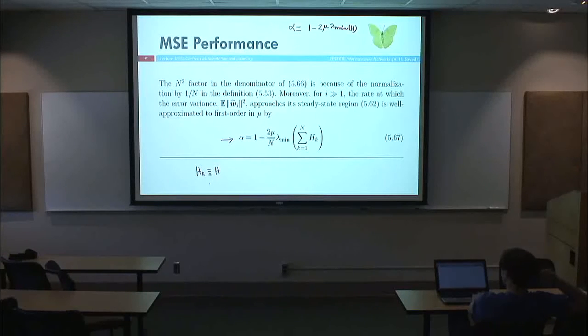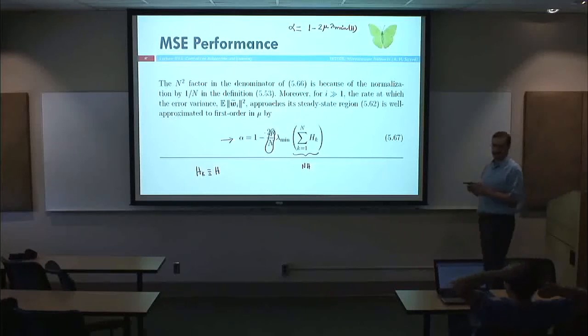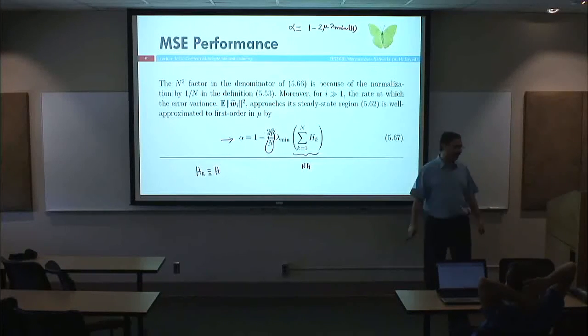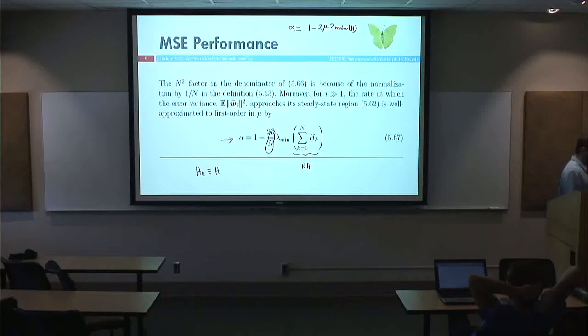If they are the same, then this sum becomes n times h, and the lambda min is n times the lambda min of h, and then that n cancels that n. So that's why the step size in this centralized case has to be mu over n, so that the convergence rates match each other, right? Okay? Understood?